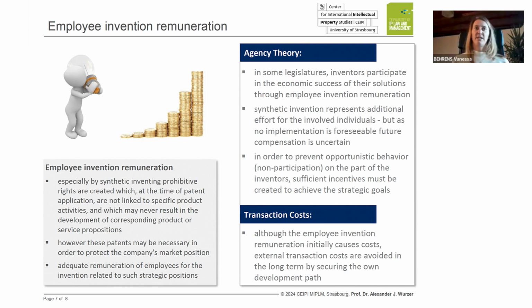The relation to the transaction costs is that although the employee invention remuneration initially causes costs, the external transaction costs that can be avoided by this in the long term are beneficial. And in that sense, employees should be remunerated to some extent. And this is the last slide.